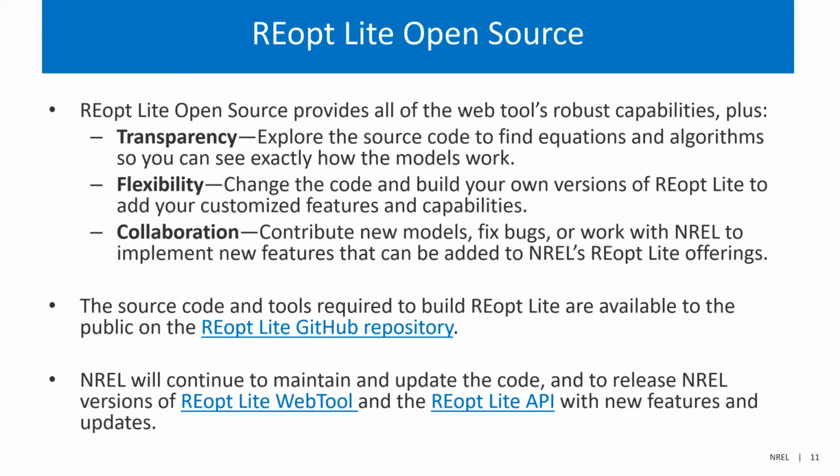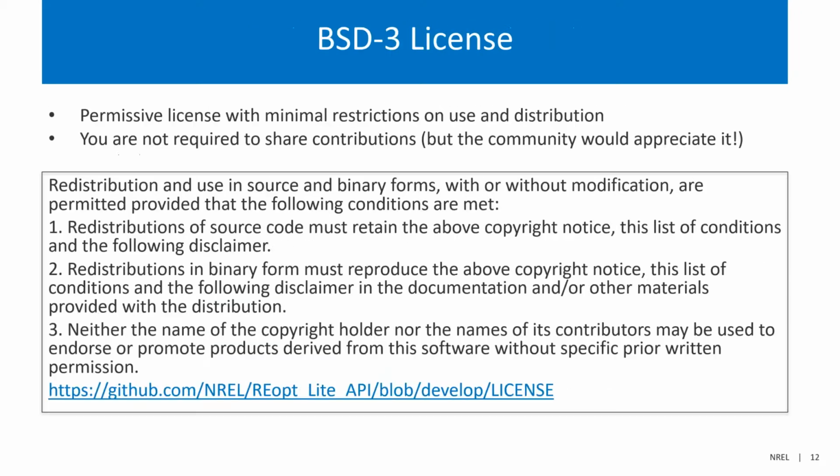NREL will continue to maintain and update the code and to release NREL versions of the Webtool as well as the API. And open source will still also be maintained and developed further. Just a quick note on the license: it's a BSD3 license, which is pretty permissive. Just to enhance collaboration further, we have made it that way.